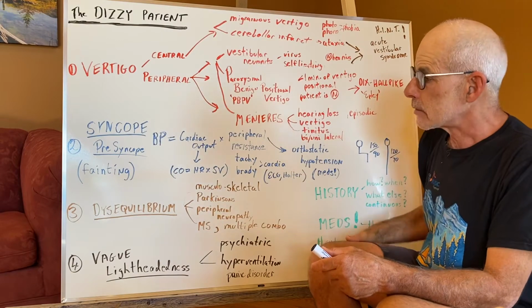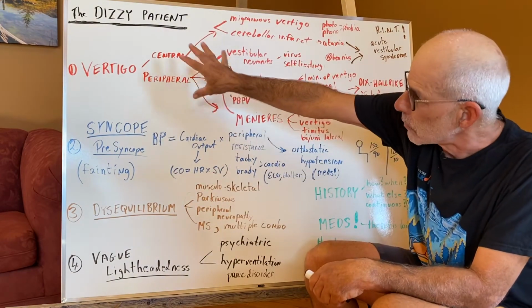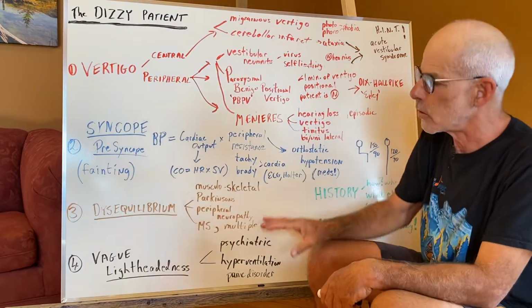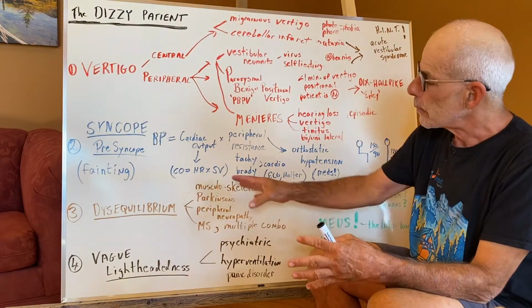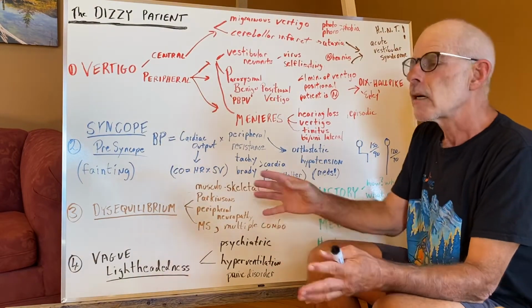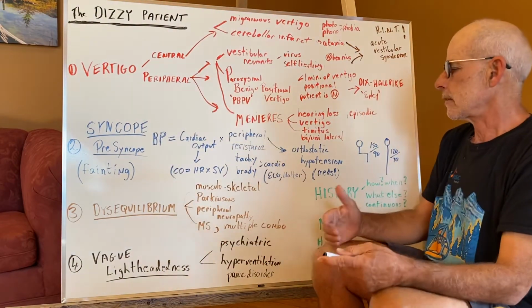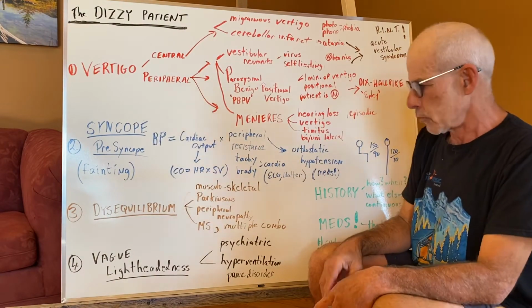That is a separate category, separate from vertigo and syncope, obviously. Disequilibrium is usually going to be in older people, and often it'll be multiple things combining, slight peripheral neuropathy with various joint diseases, etc., so that the patient isn't moving as smoothly.